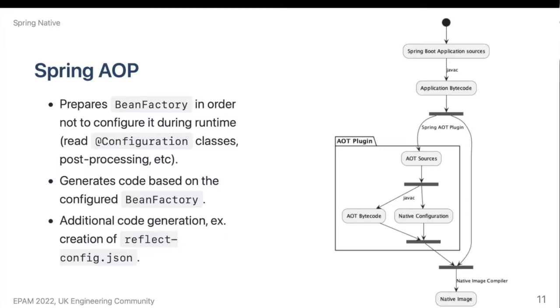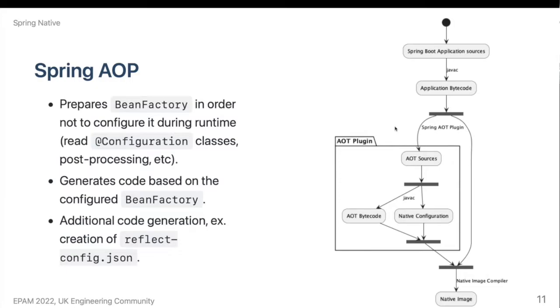There is a separate Spring module called Spring AOT, which will be enabled by default. What it does, as soon as you compile your Spring application, is go through your sources once, a few compiled sources once again, and based on them it will build an additional list of sources and next compile them. What will be included into this list of sources?